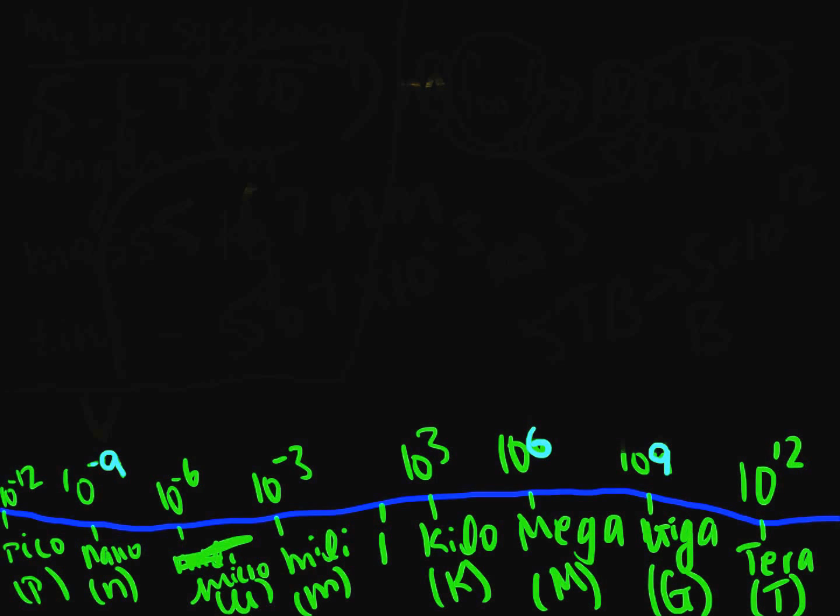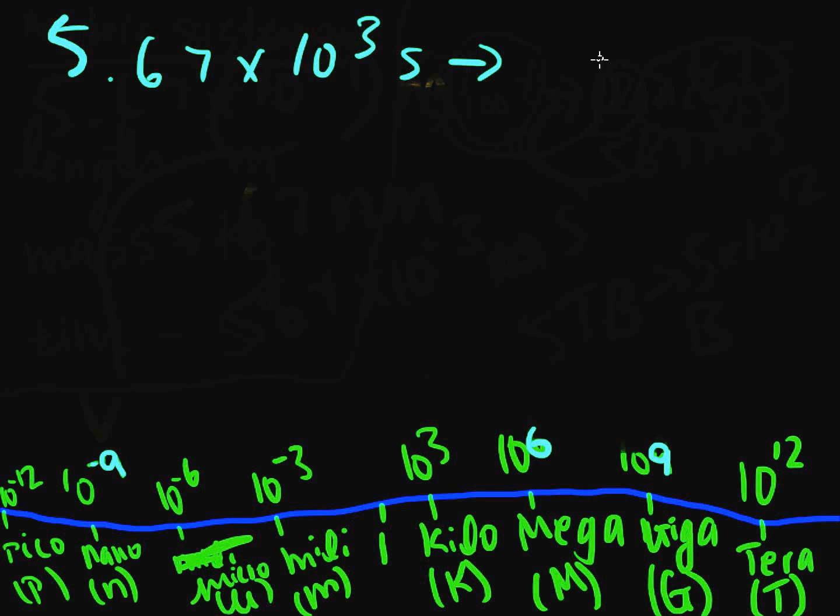To give you some examples of how we actually use these, let's go over a couple of them. So here's the scale of pico to tera. If we were to say that there were 5.67 times 10 to the 3 seconds, and you were to represent this in the standardized system of prefixes, what does that mean?